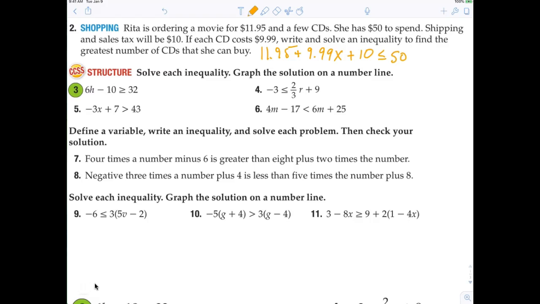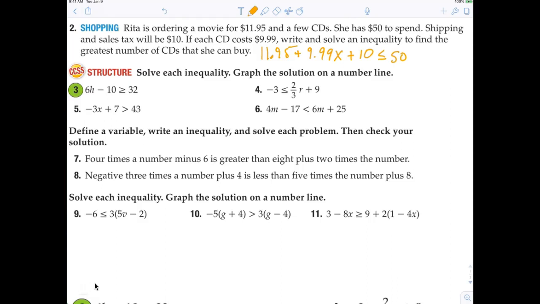Now, for problems like these, is it always less than or equal to? No, never. It's never always in math. Every single problem I want you thinking about it. So how do you know? You know it's less than or equal to because you're trying to find something.